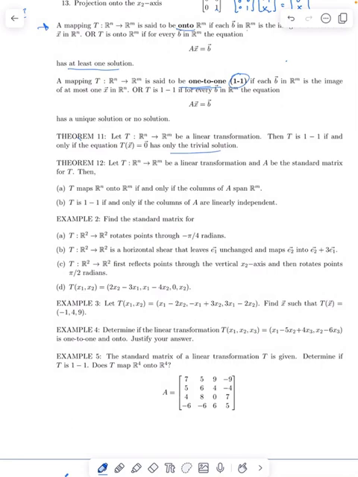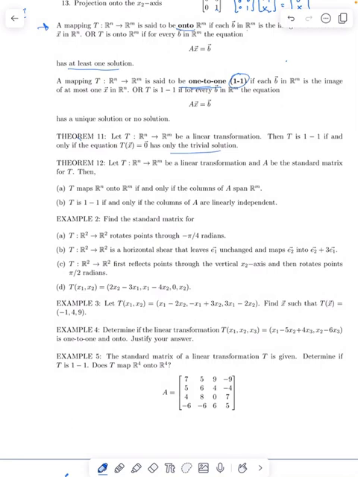We already defined when a linear transformation is one-to-one: if the equation Ax = b has a unique solution or no solution. But now the theorem says T is one-to-one if and only if the equation T(x) = 0 has only the trivial solution.